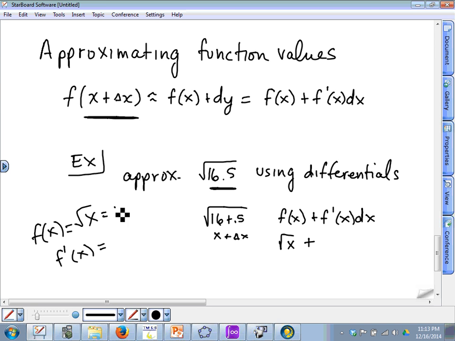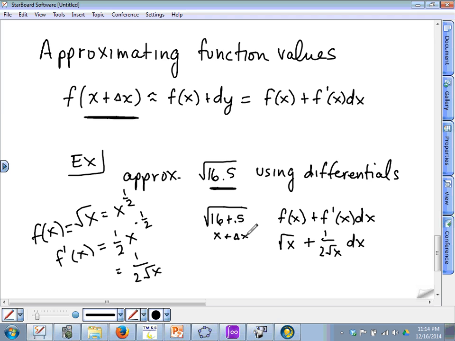So I'm going to rewrite this over here, x to the 1/2. So the derivative would be 1/2 x to the negative 1/2. That's just 1 over 2 times the square root of x. So then back over to here, f prime of x is 1 over 2 root x dx.